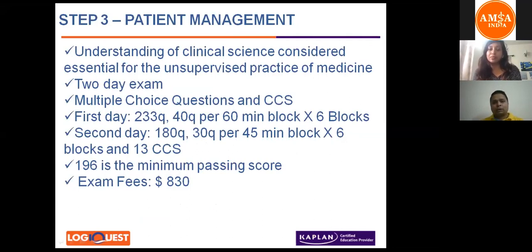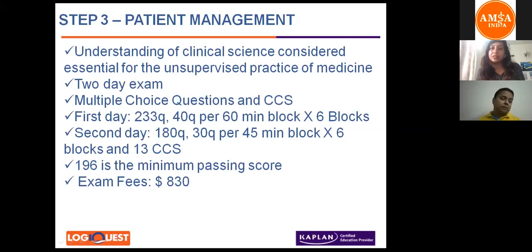So in the US, before you apply, you have to finalize which state you want to settle down and practice and obtain a license. And then, through the FSMB, you apply for Step 3 in that state only. So if you're applying for New York, you get a license for New York. So you apply through the FSMB, take Step 3, and eventually you will get a license of that particular state.